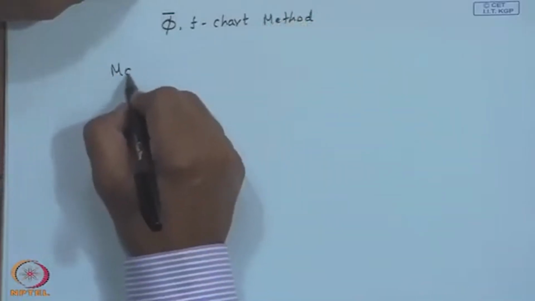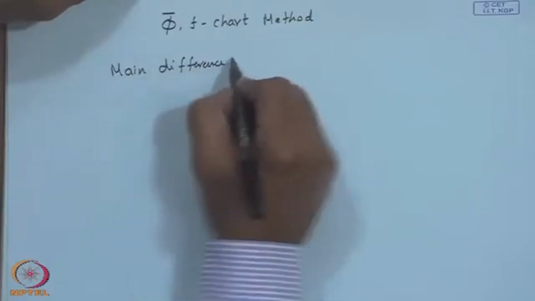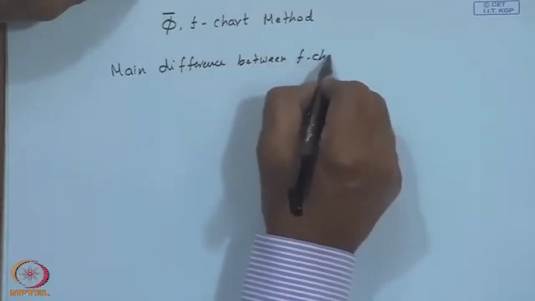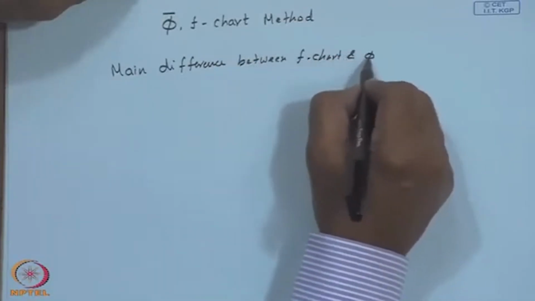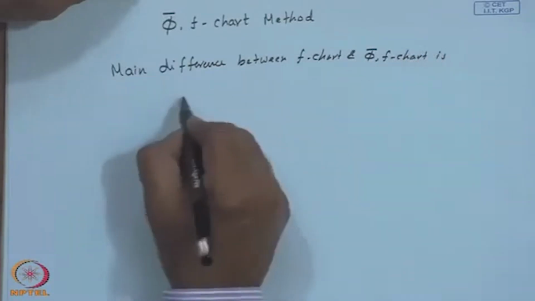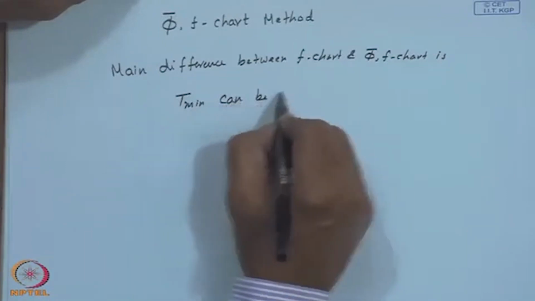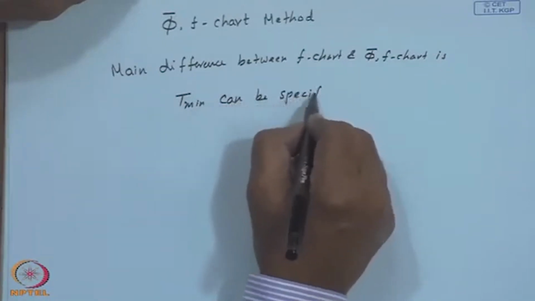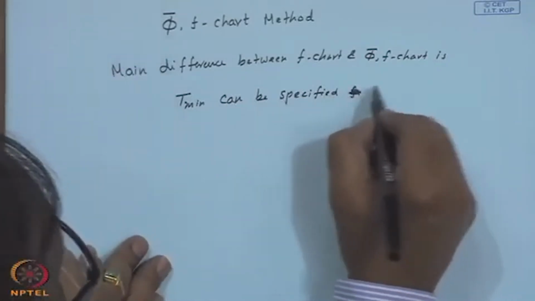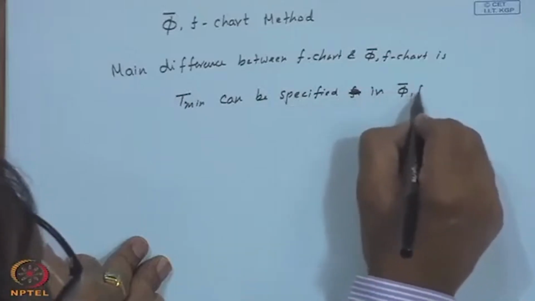The main difference between the F chart and phi bar F chart is that T minimum can be specified in the phi bar F chart method.